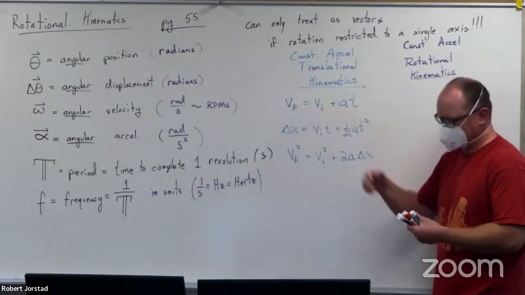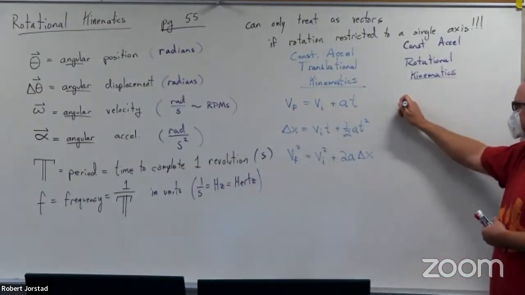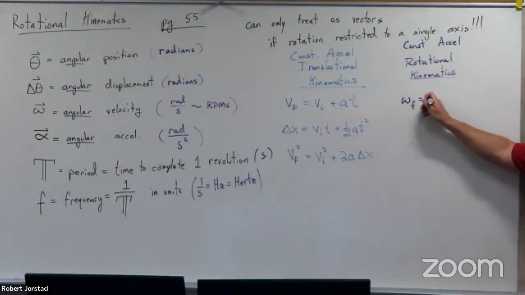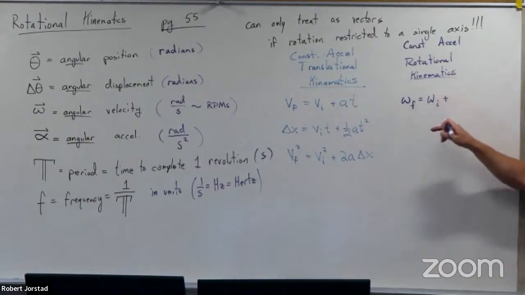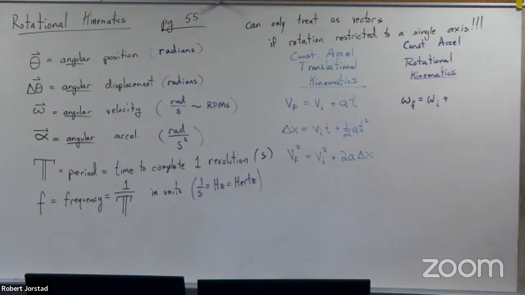Instead of V final, I might write omega final equals, what's the rotational equivalent of A? Alpha T. Does that make sense?